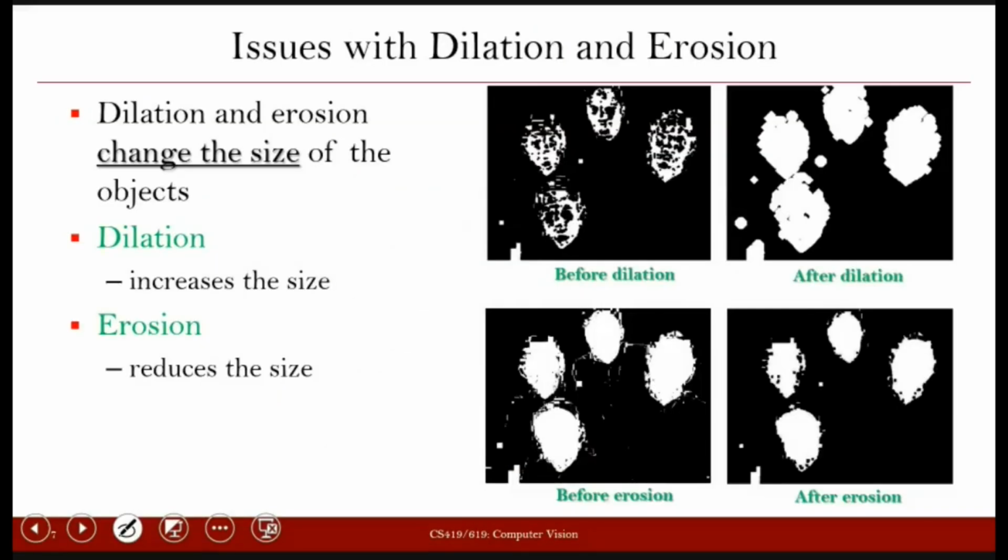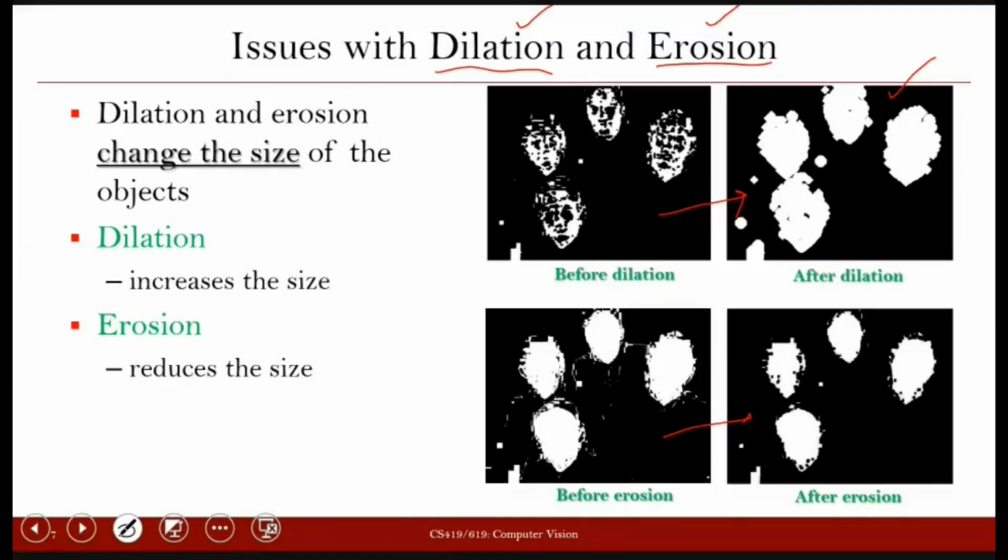Okay, so now let us discuss a few issues that we see when we perform dilation and erosion, and to overcome these issues we have two new operations called opening and closing. If you observe the output of the dilation and the output of the erosion, in the case of dilation the size of the object is not the same as what we had initially.